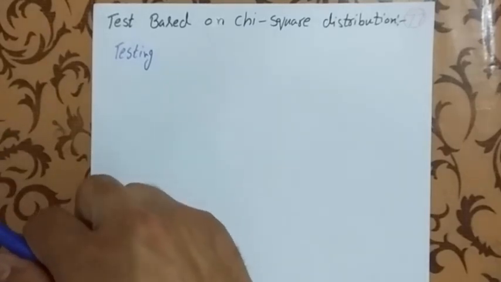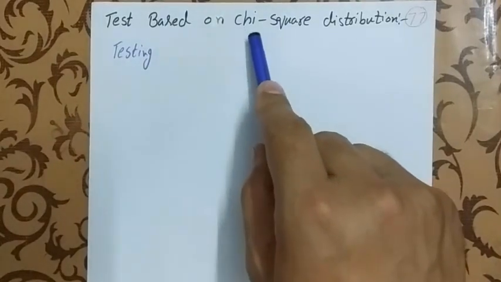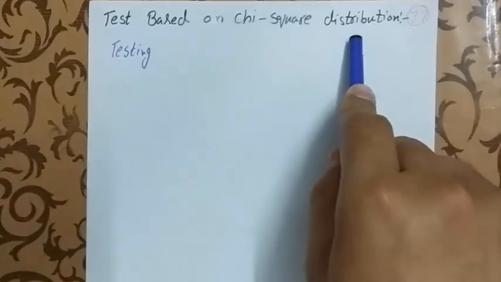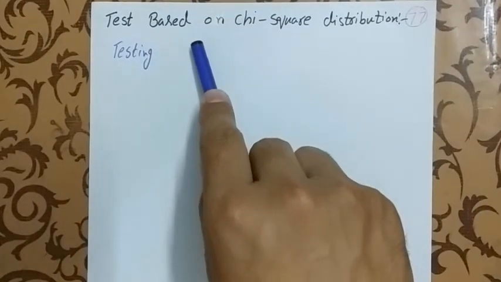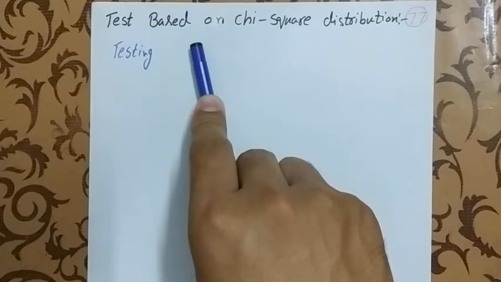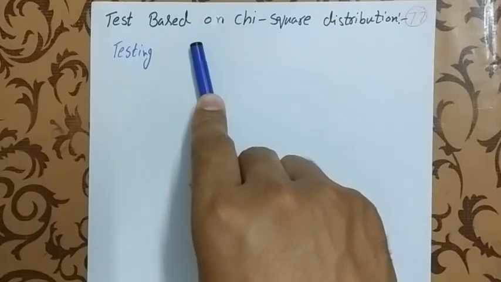Today our topic is tests based on the chi-square distribution. Some of the most frequently used tests of hypotheses are based on the chi-square distribution.